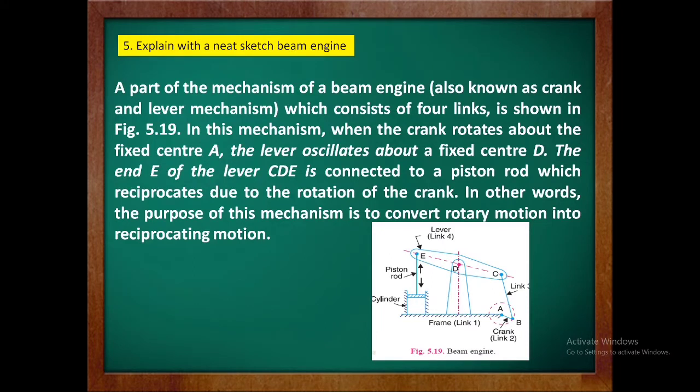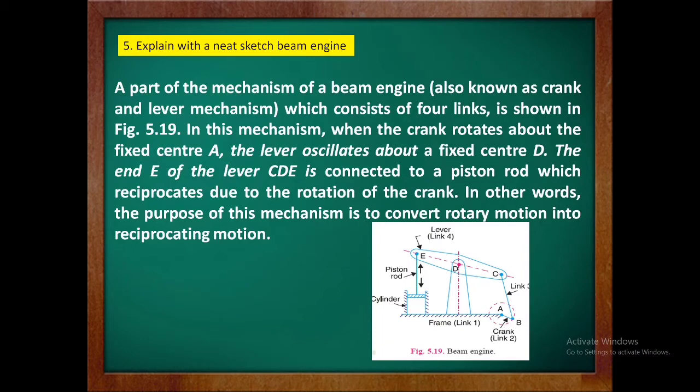Next question: explain with a neat sketch beam engine. Beam engine is also known as a crank and lever mechanism, and this mechanism is used to convert rotary motion into reciprocating motion or reciprocating motion into rotary motion.